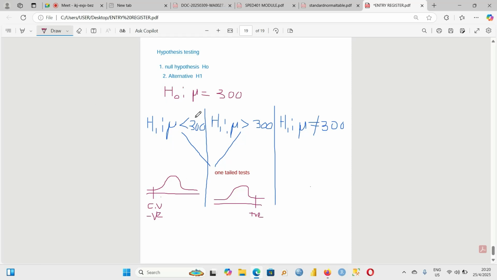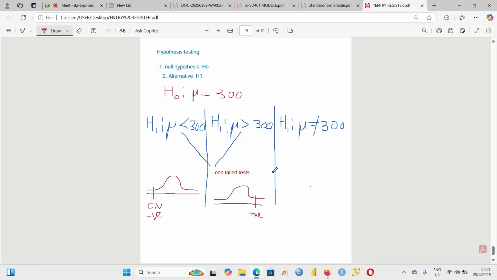We might see keywords like less than, decrease, decline, depreciate, below. Whenever you meet such words in a hypothesis testing question, we are dealing with this test. This other test is for greater than, with keywords like greater than, above, increase. Those tests lie under one-tailed tests. They are directional tests.